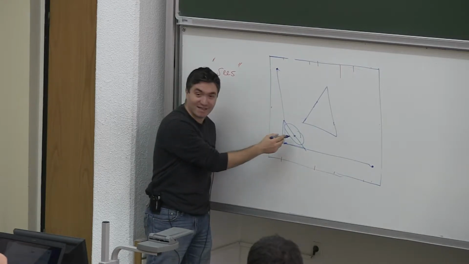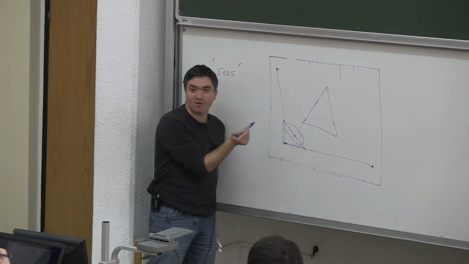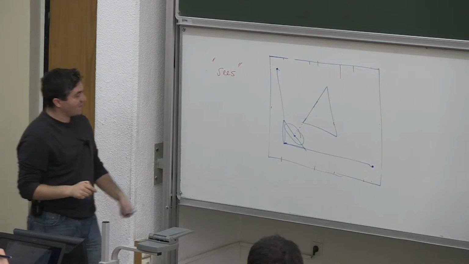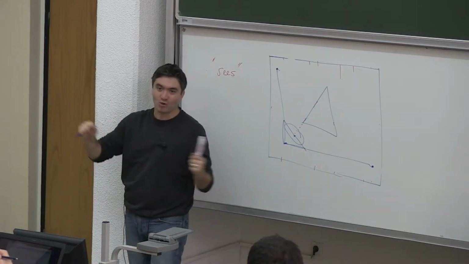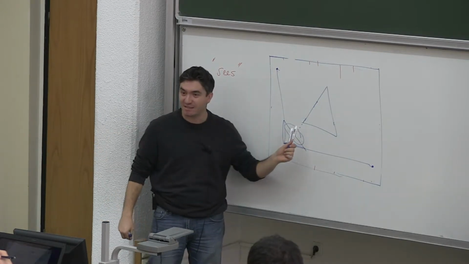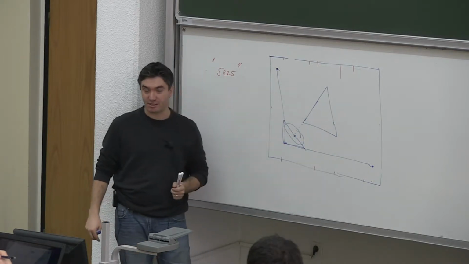So we can continue doing this until we hit an obstacle vertex or obstacle edge. If you consider this as an elastic rubber band, which tries to shorten itself as much as possible, it's going to stop when it hits obstacle vertices or obstacle edges.